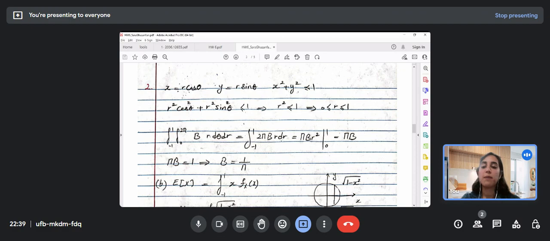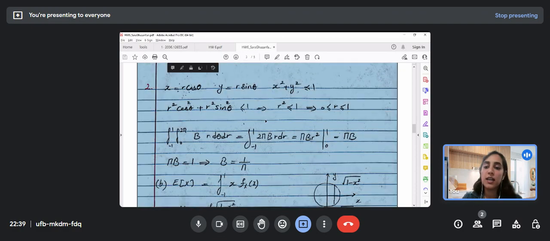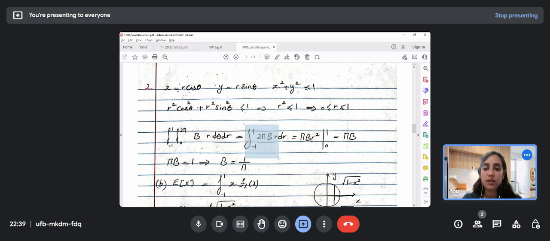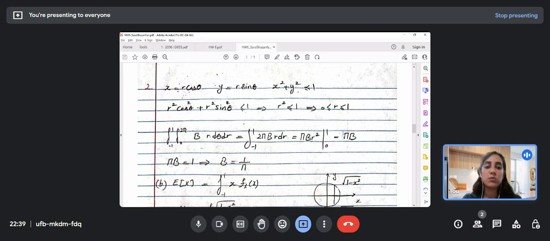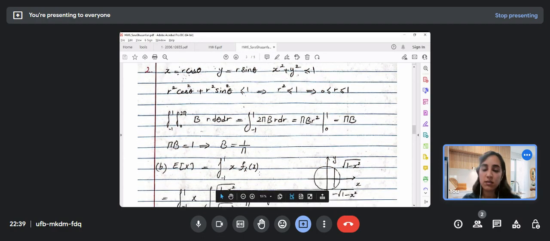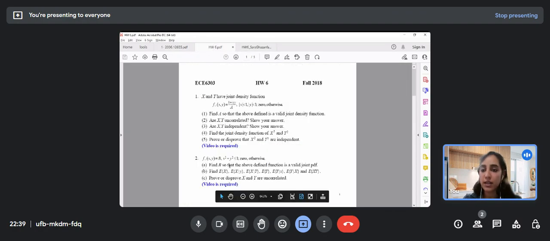After doing the parameterization and calculating the integral for theta and r, we get pi times b. Pi times b is equal to 1, so b is equal to 1 divided by pi. Okay, let's go to the second part, b.